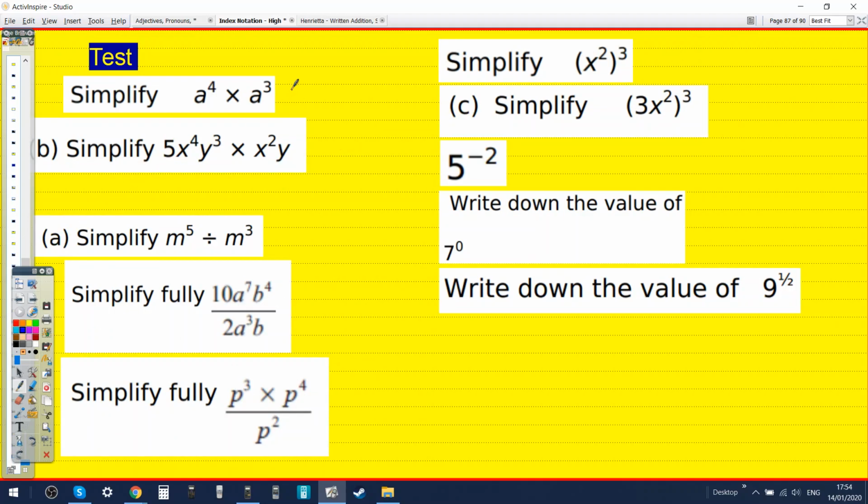Okay, test. Let's try these. Is it A 7? Yeah.